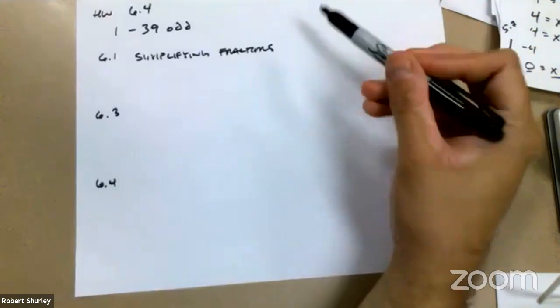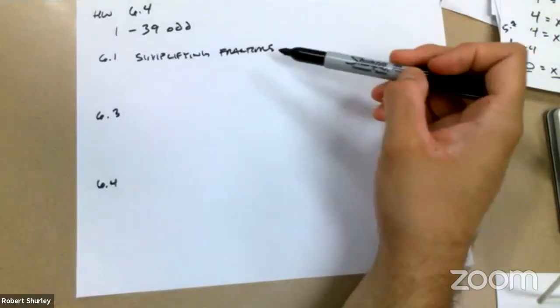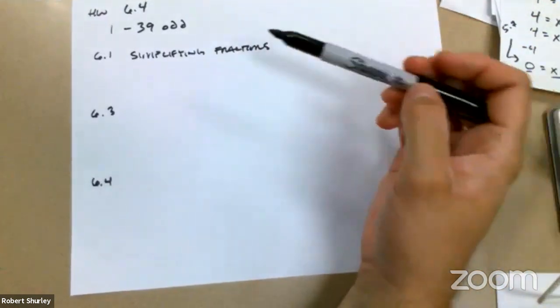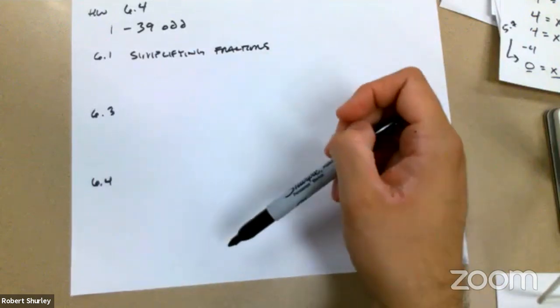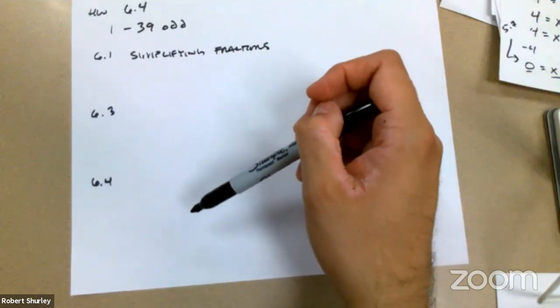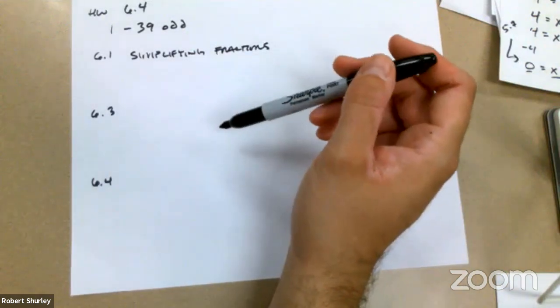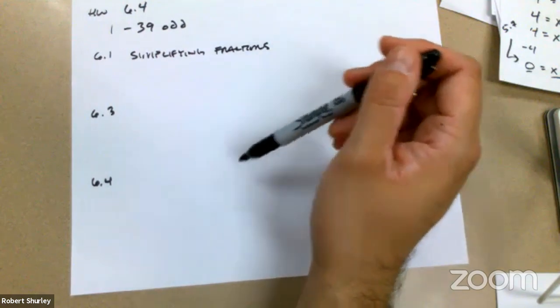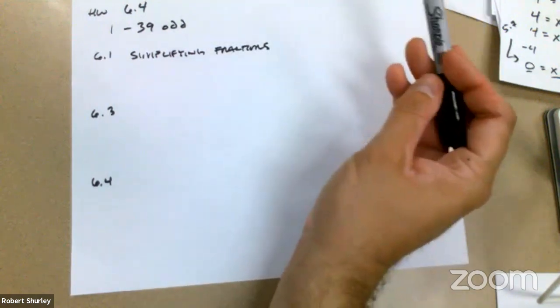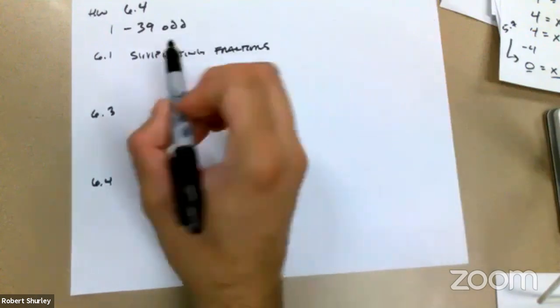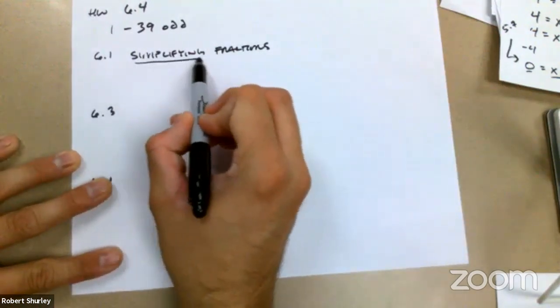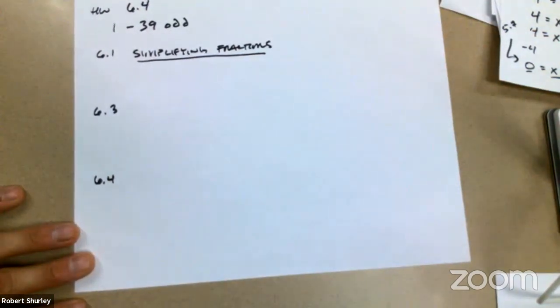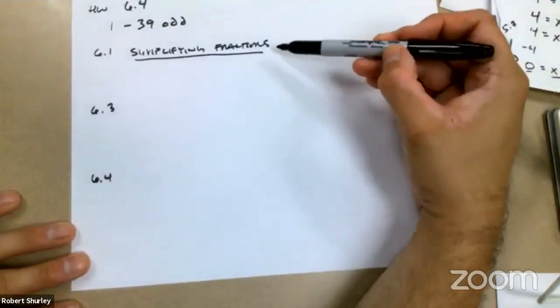And if you remember back, we've used this section in every single part moving forward. We simplified fractions once we simplified them, or once we factored the denominators, or once we multiplied the LCDs. So this is the foundation section to all of it. If you do not know how to simplify, you're not going to understand how to do anything after that.